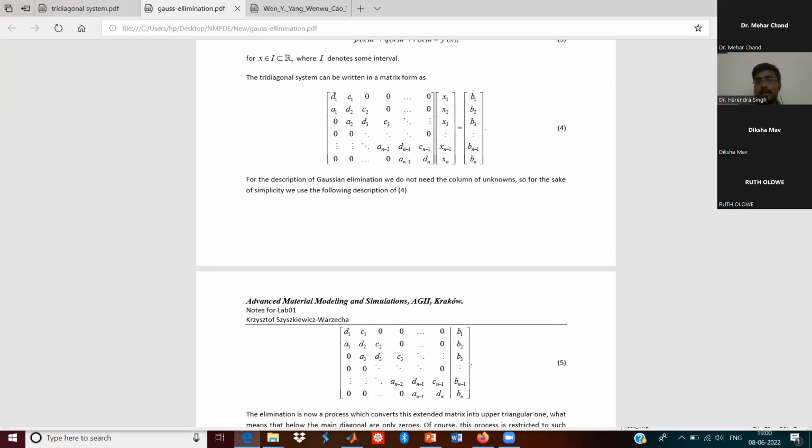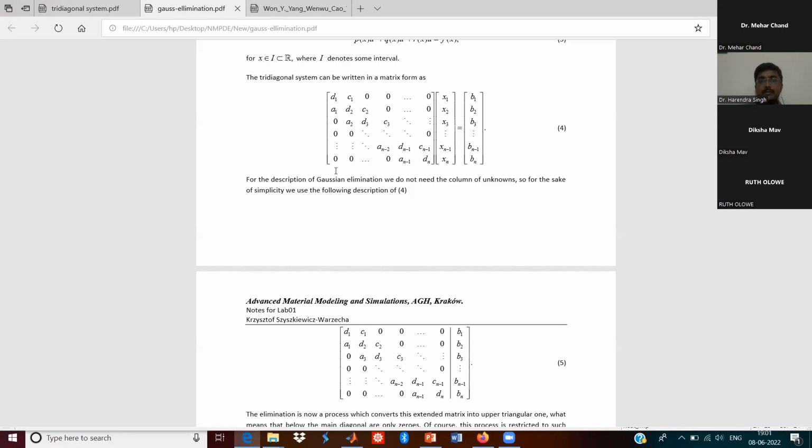This entry divided by d1: a21 equal to a21 minus a11 divided by d1 into this one. What entry will be here? That is a12.